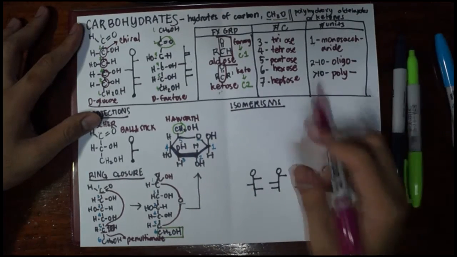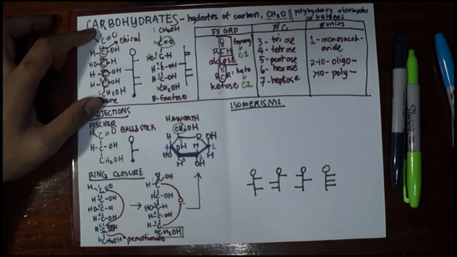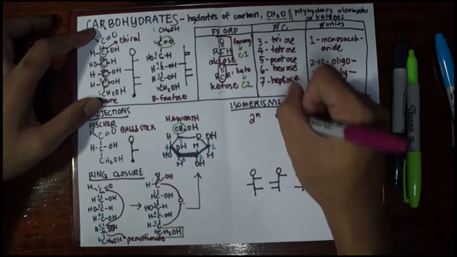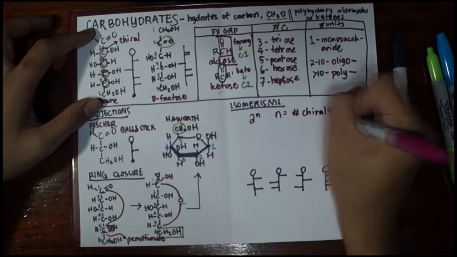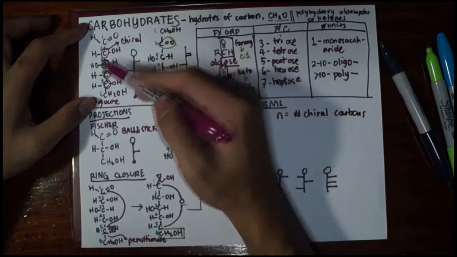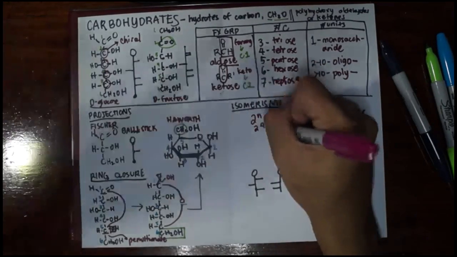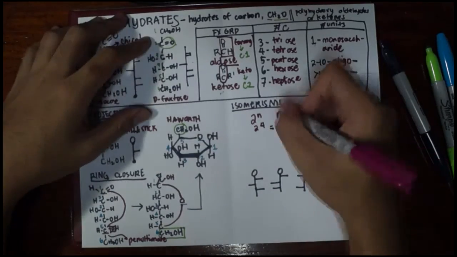So how do we count the number of isomers for a particular number of carbons? The formula to get the number of isomers is 2 raised to n, where n is the number of chiral carbons. So in the case of a hexose, we have 4 chiral carbons. So 2 raised to 4, 2 times 2 times 2 times 2, equals 16.